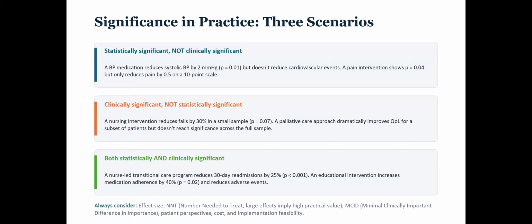Conversely, with large samples, often you can find statistical significance but not clinical significance. The point is you want to look at both of those things: the p-value for the statistical significance, and the effect size, or the Cohen's d, for the clinical significance.